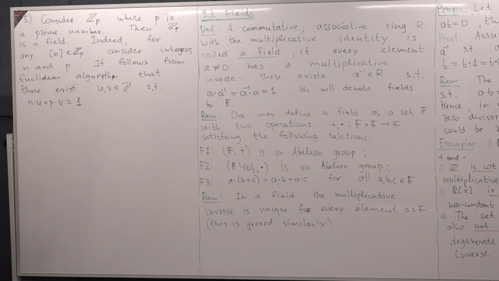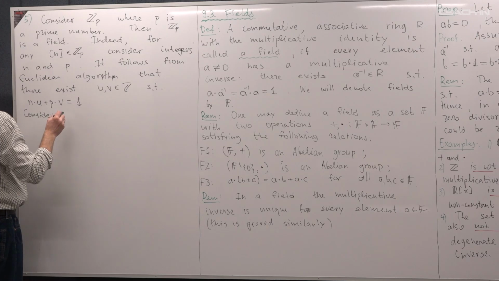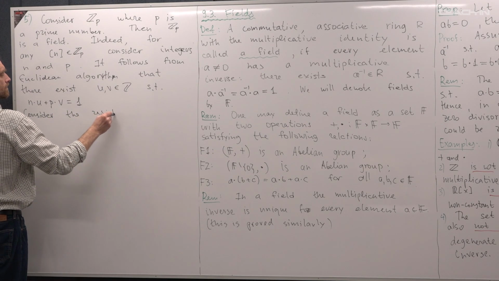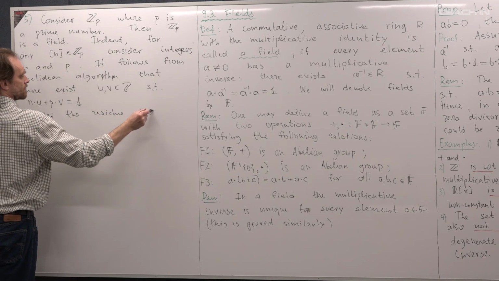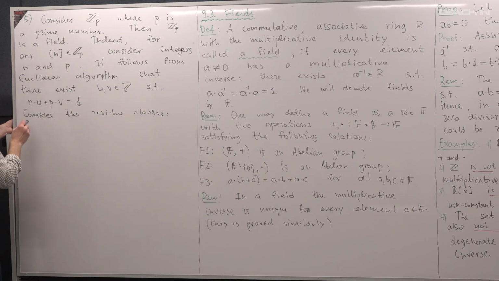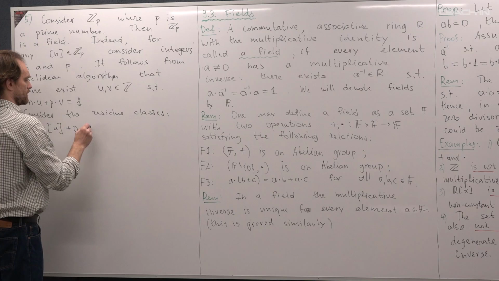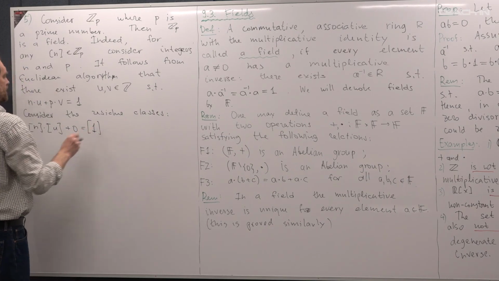So it follows from the Euclidean algorithm, and so consider the residue classes. Here we get the class of n multiplied by the class of u plus 0, just because the class of this element is 0, equals the class of 1.